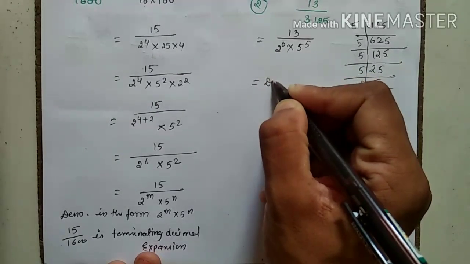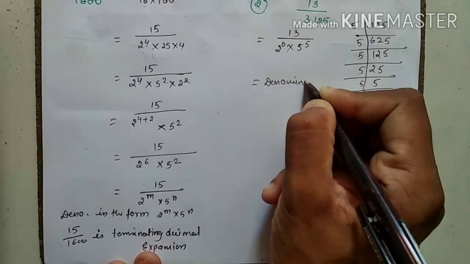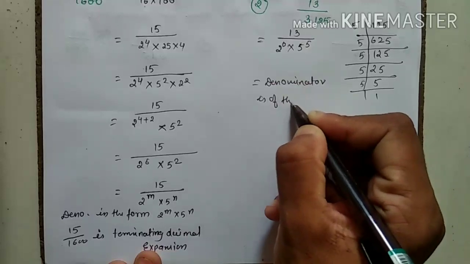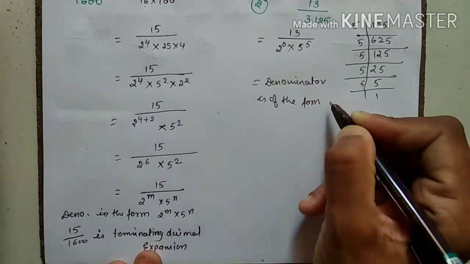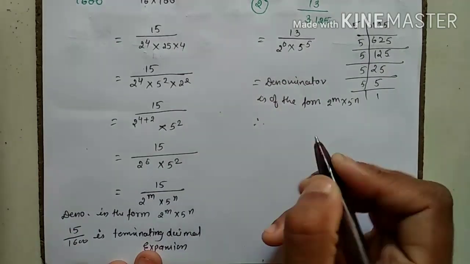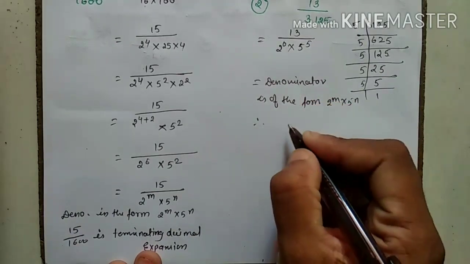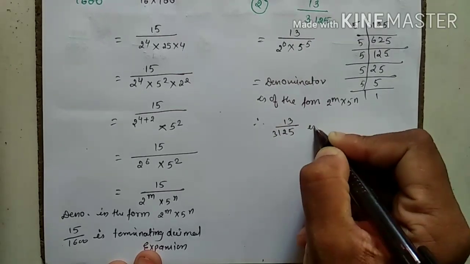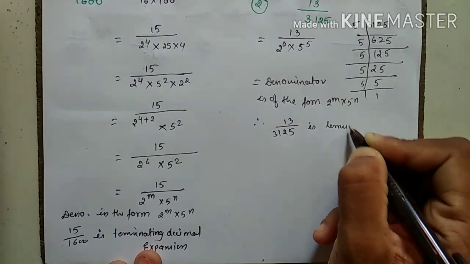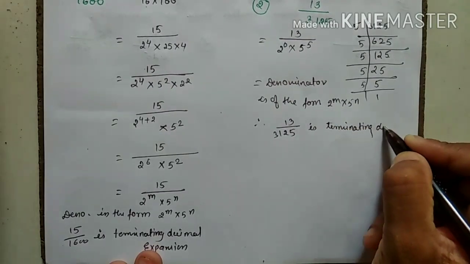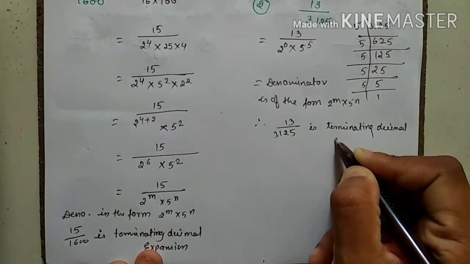The denominator is of the form 2 to the power m into 5 to the power n, so that 13 by 3125 is a terminating decimal expansion.